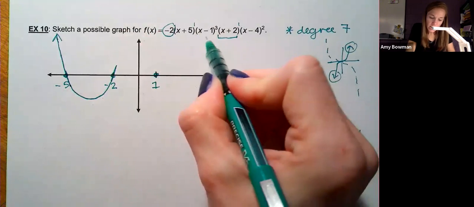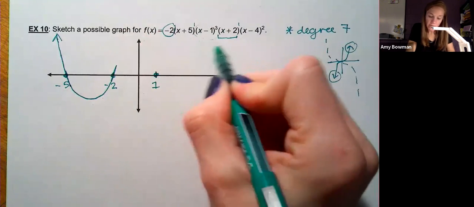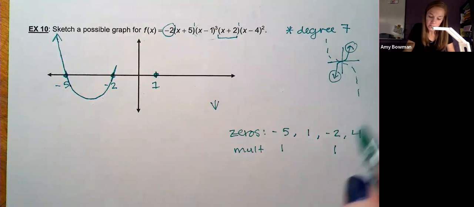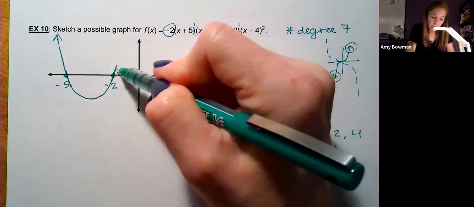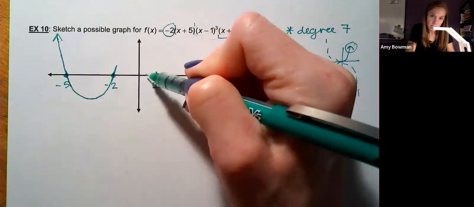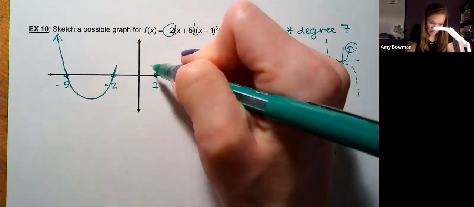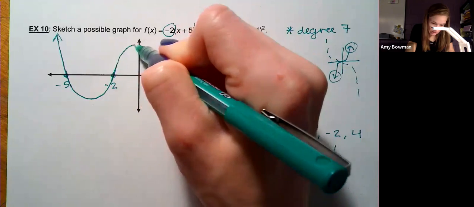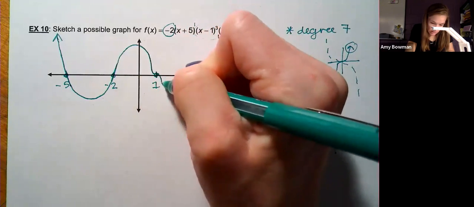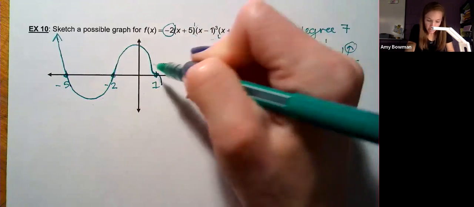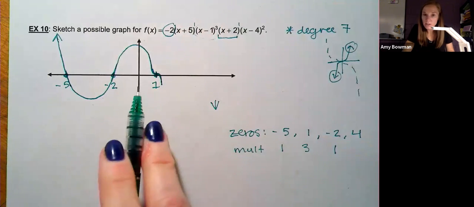And at 1, right here, the factor x minus 1 has multiplicity 3. So that means my function is going to turn, come back down, and bend through the axis at 1. So there's my little bendy through, the point of inflection right there.